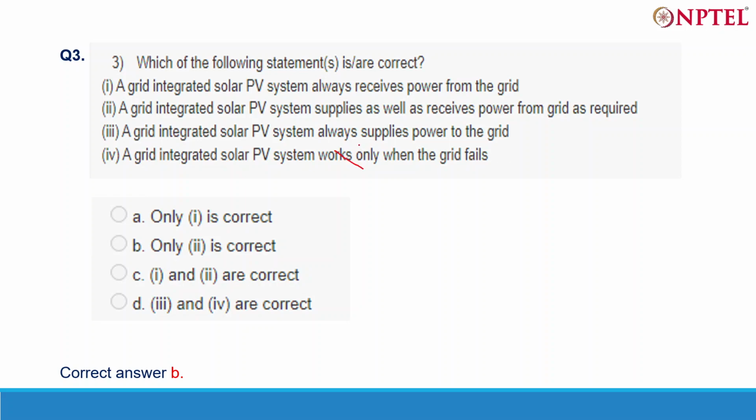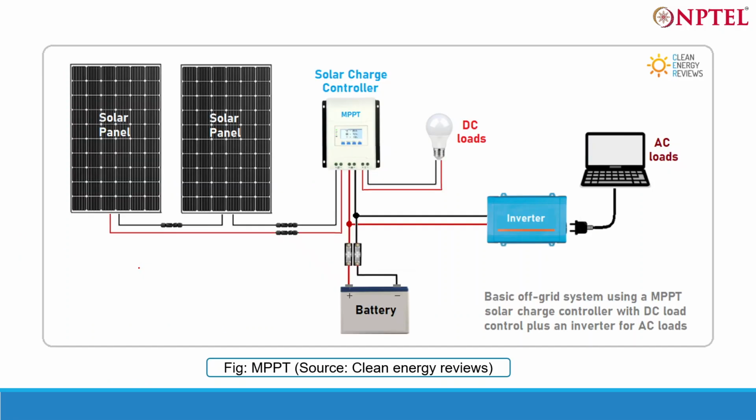So this is incorrect, it doesn't supply always, since capacity utilization factor is low. Now, how can it supply always? It doesn't always receive either, since there is some power generated by the PV system. So yeah, it supplies as well as receives power from the grid. Only option 2 is correct.